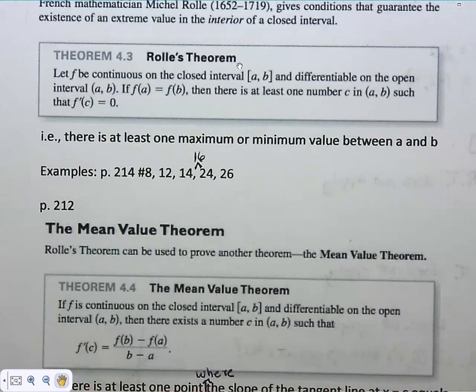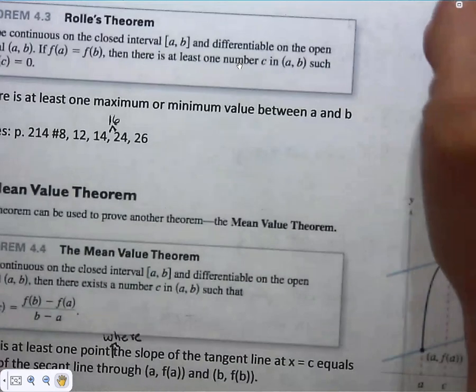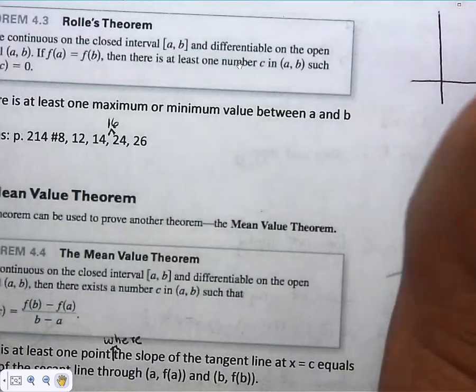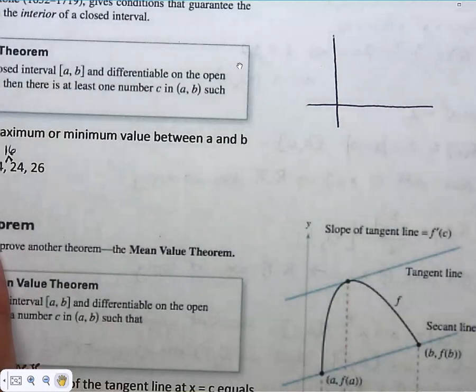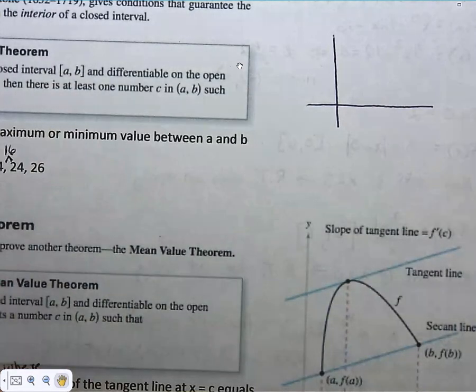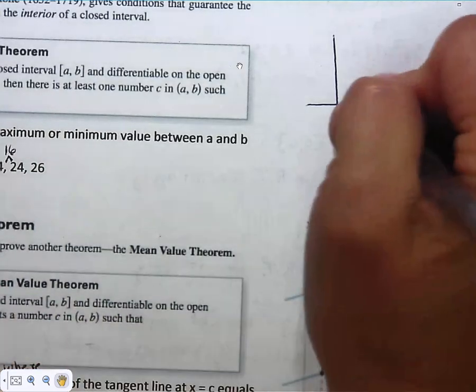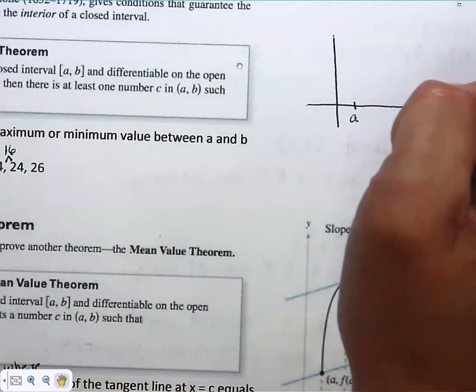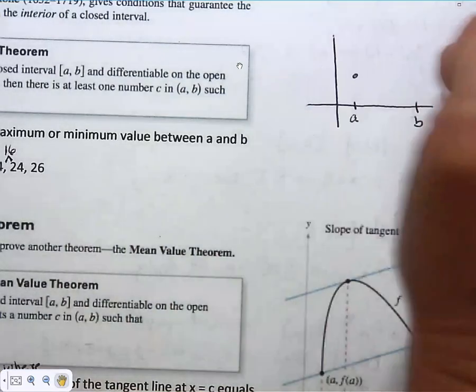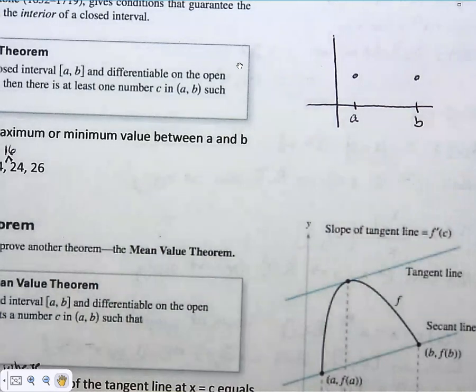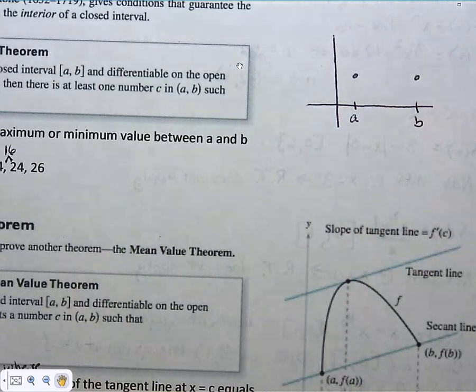That means at its endpoints you get the same y value. Now, if you think about a geometric interpretation of that, it actually makes perfect sense. You wonder who got a Nobel Prize for thinking of it? I guess Rolle did. That's why it's named Rolle's theorem. If a function is continuous and differentiable on a closed interval from a to b, and f of a equals f of b, how else could you get from here to here without there being at least one place in between where the derivative is 0?